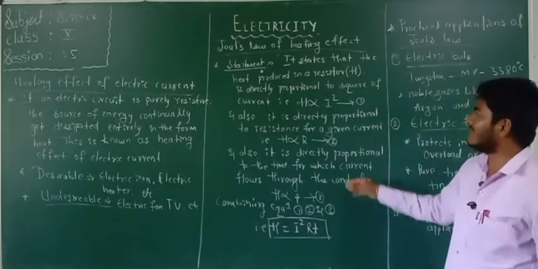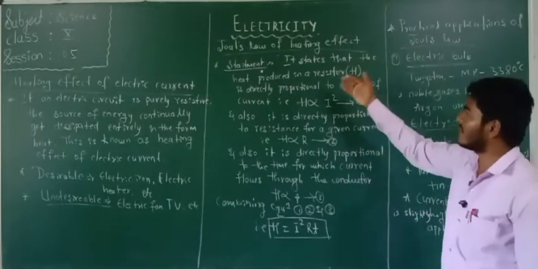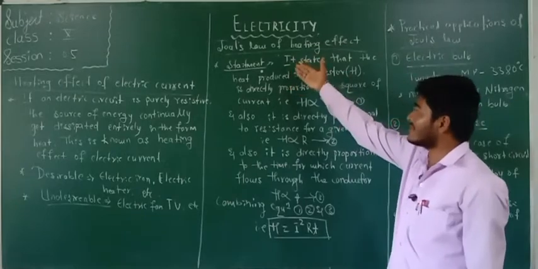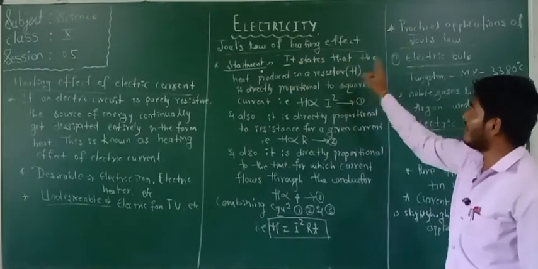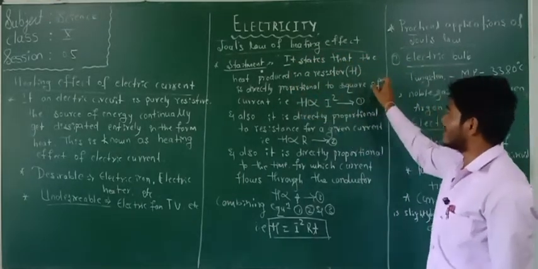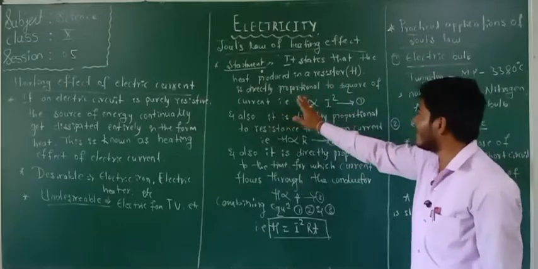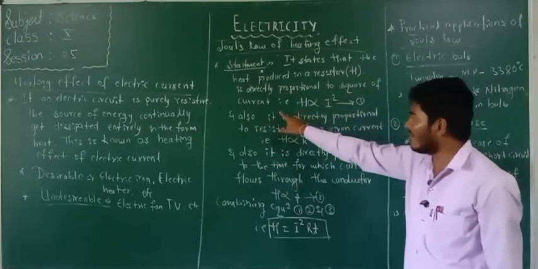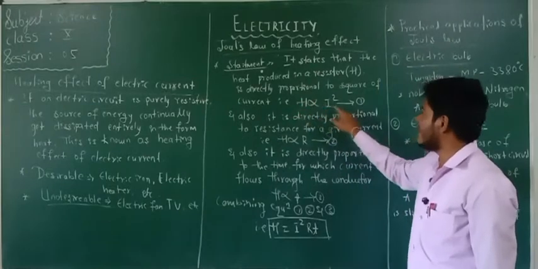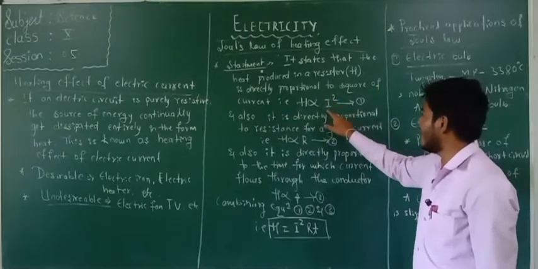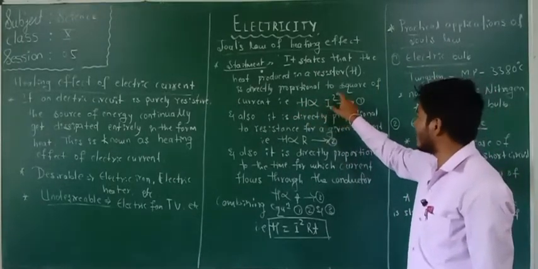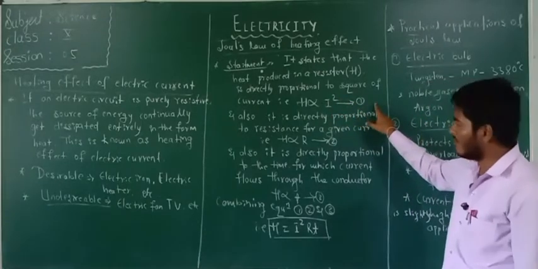Listen carefully. Once again, what is the statement? Joule's law states that the heat produced in a resistor or conductor is directly proportional to the square of current, that is H is directly proportional to I square, where I represents electric current. Take it as equation number 1.